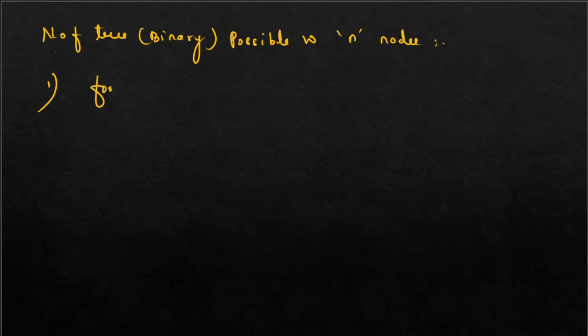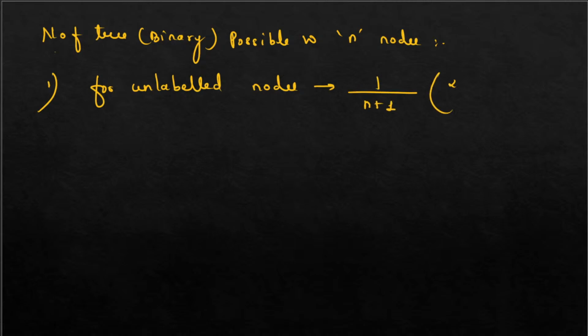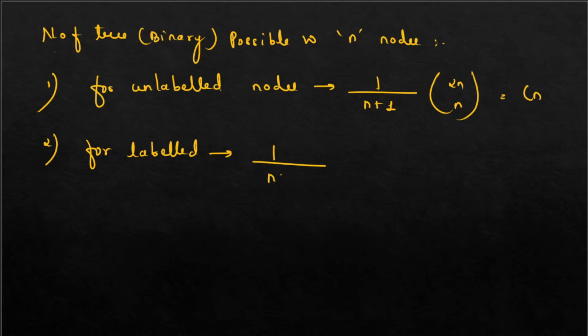So first is for unlabeled nodes, which is 1 by n plus 1, 2n choose n, which is Cn. Okay. For labeled, which is 1 by n plus 1, 2n choose n. So this is 2nCn into n factorial, which is Cn into n factorial, like this.